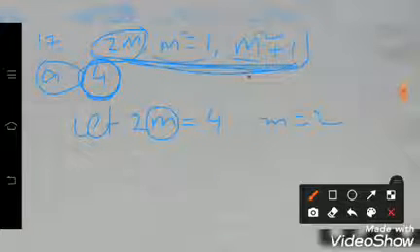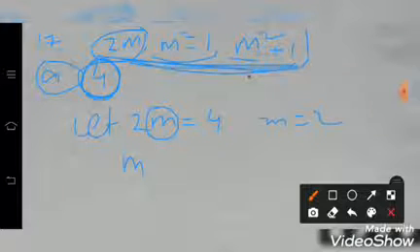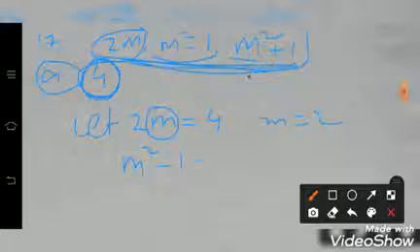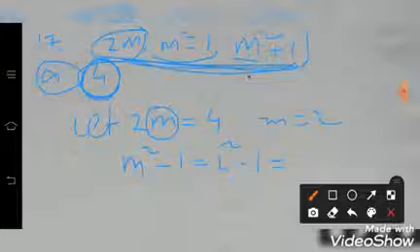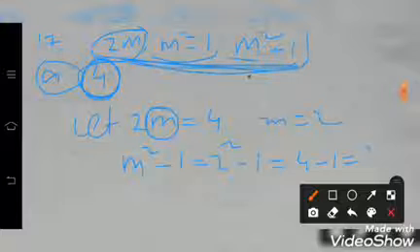Then you apply this one now: m square minus 1 is equal to 2 square minus 1, that means we know m is equal to 2, so 2 square is 4, minus 1, and this is equal to 3.